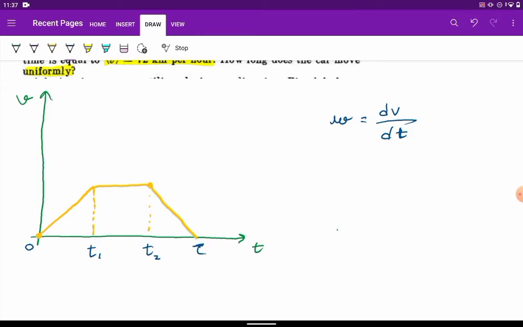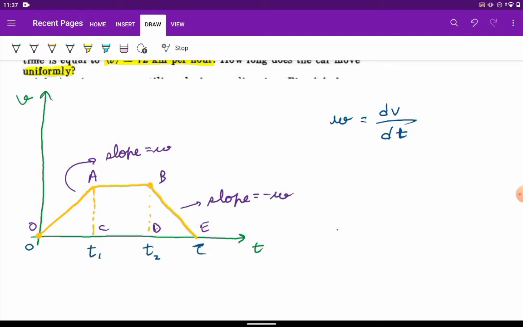Fine, very good. I'll just name the vertices for convenience: this is O, A, B, C, D, E. The slope here is w, and here the slope is minus w.